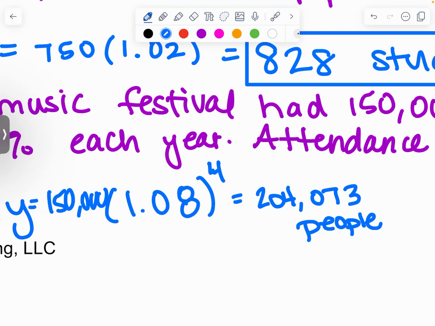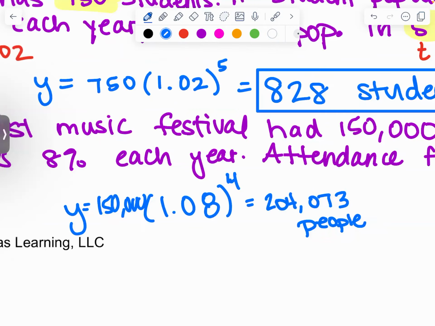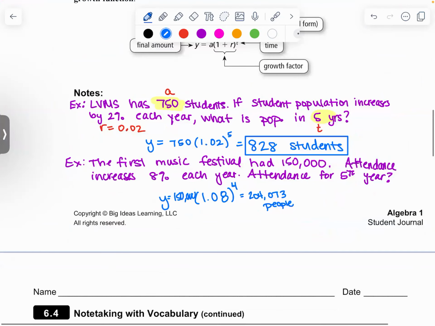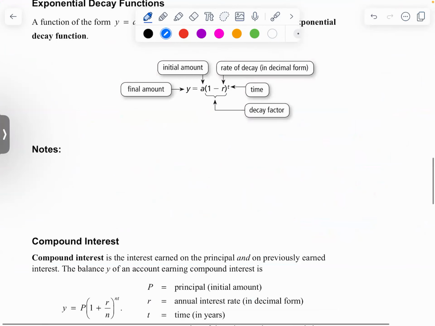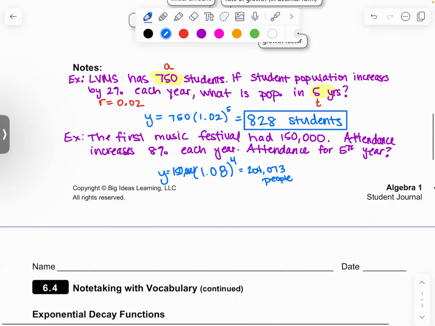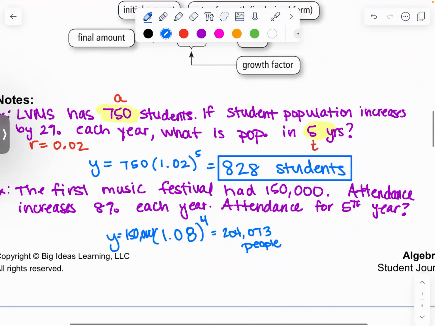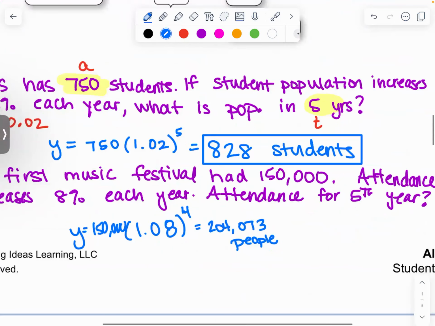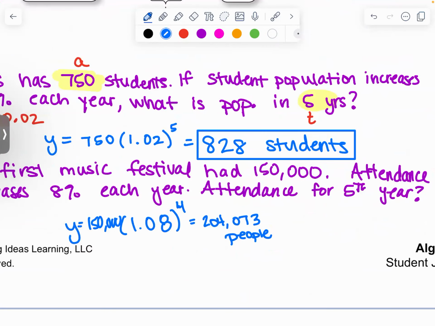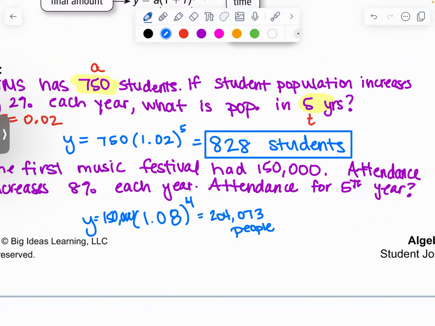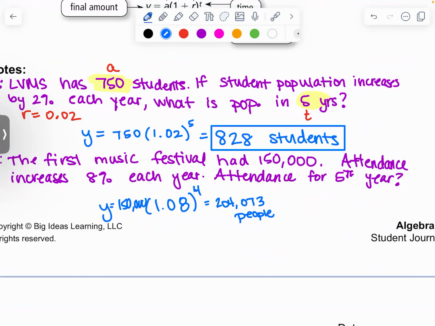All right, let's try a decay problem. Next page. We're going to go to the next page, and I want you to take a look at the decay model.